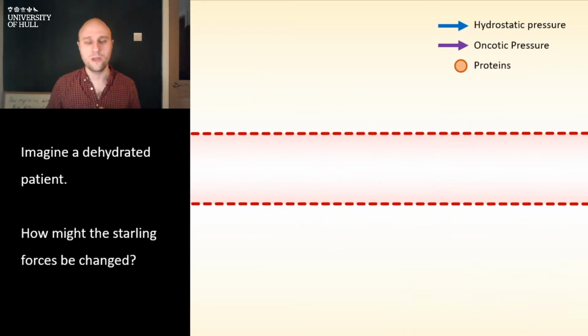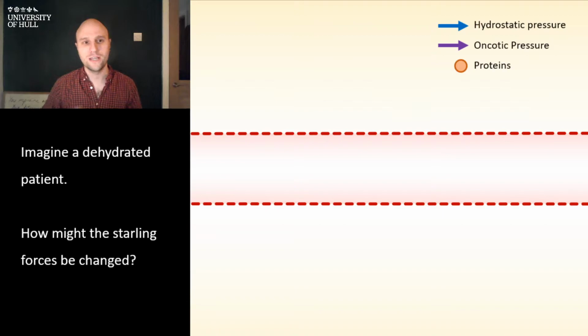Okay, so we're going to think about our first clinical situation. We're going to imagine a patient who is dehydrated. Maybe they've been taking in less fluids, maybe they've had diarrhea, maybe they've bled, or sweated or passed too much urine, whatever the situation is.